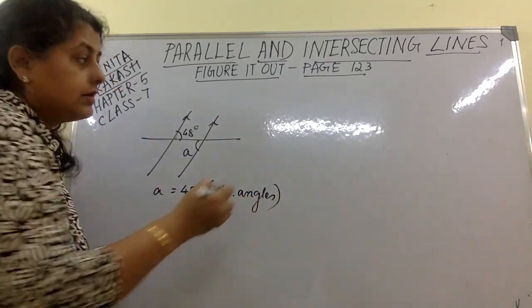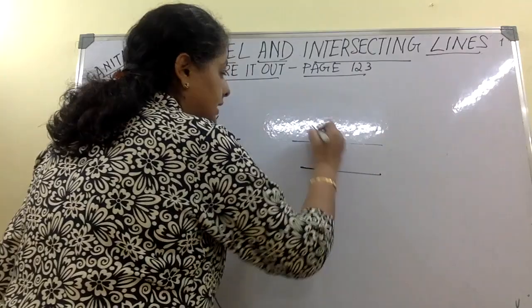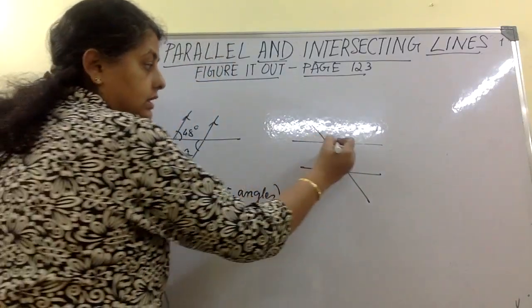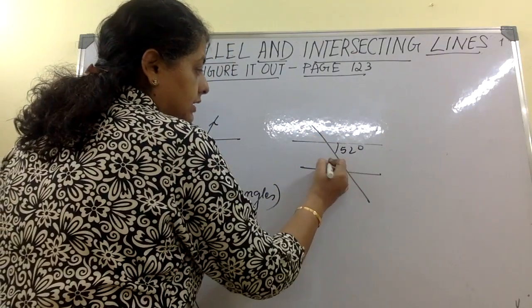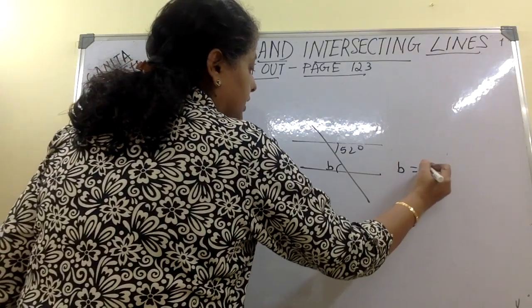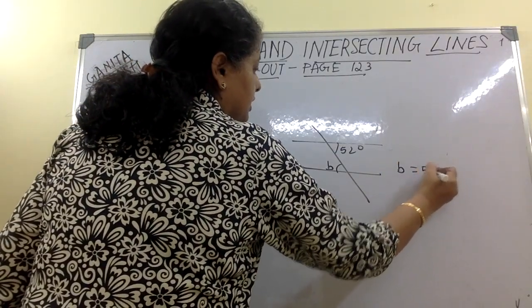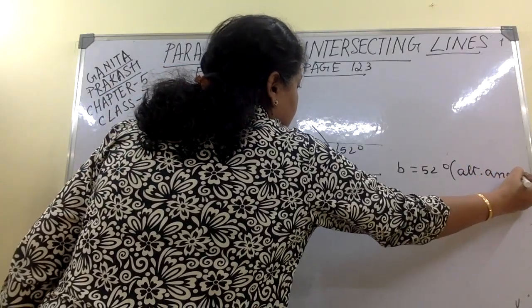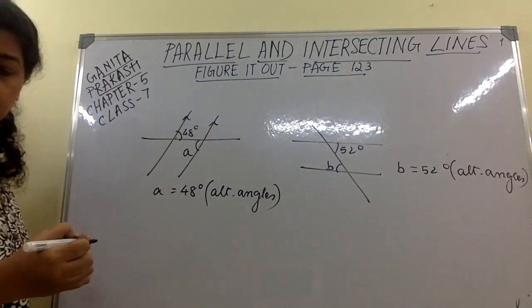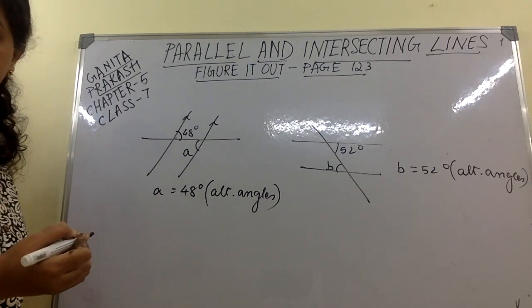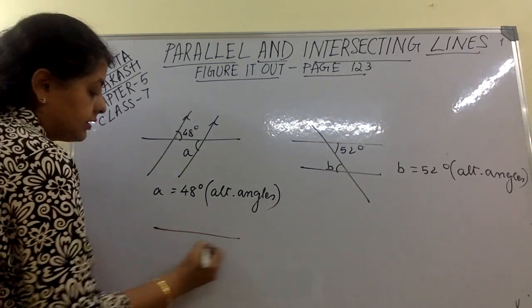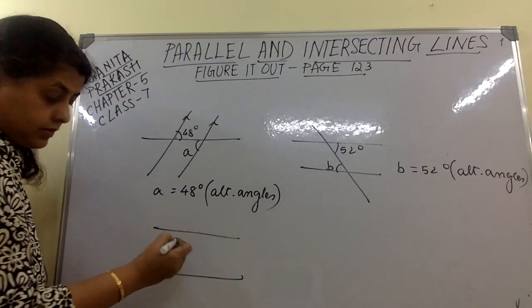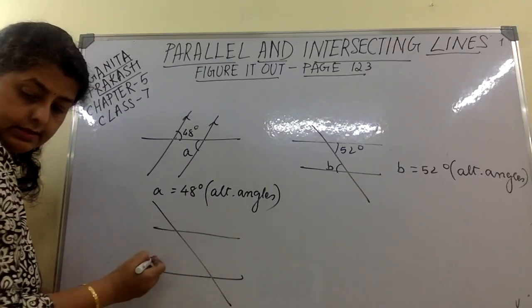Then there is the second question, in which this is 52 degrees and then B is equal to again 52 degrees. Reason, alternate angles. Okay, let's see the third question. Here you have one line going like this.